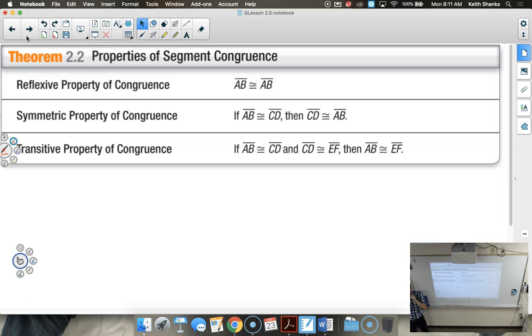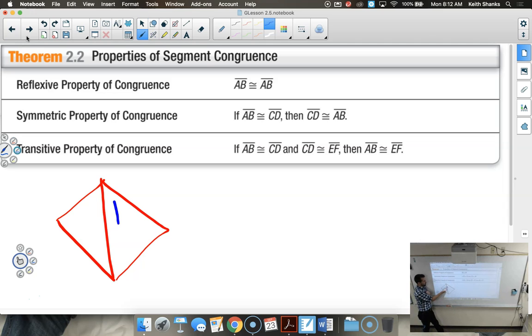Now I know you might be thinking, why would I ever want to say that? So we're going to fast forward really quick. If I'm trying to say that this triangle is congruent to this triangle, do you see how both triangles share this side? That's where the reflexive property would come in.